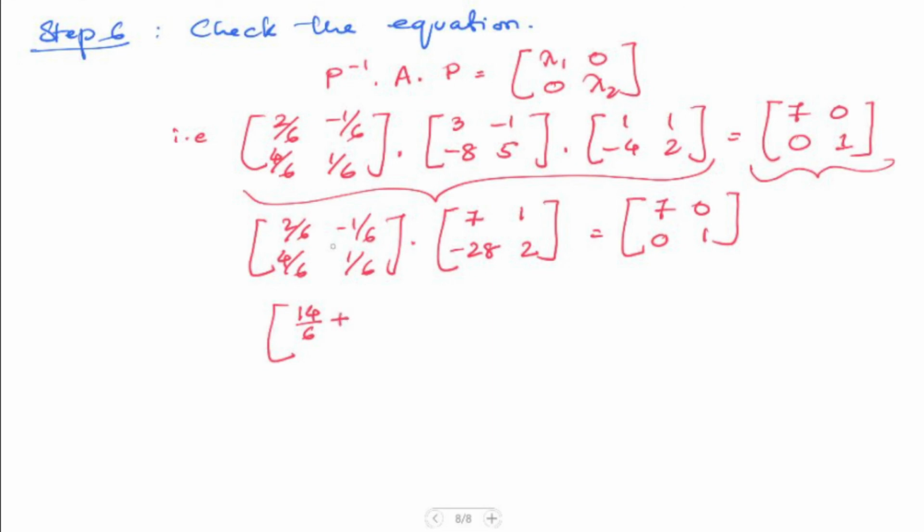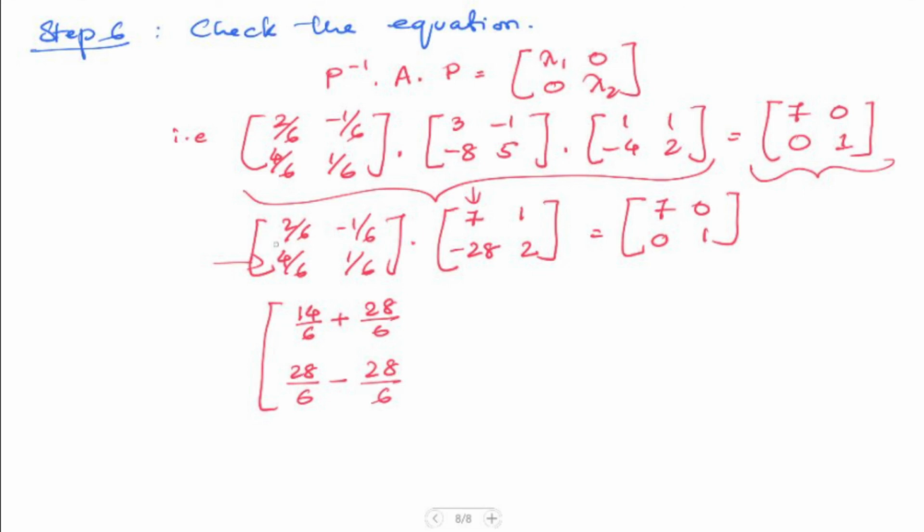So now if you multiply this here, you'll get 7 times 2 is 14 divided by 6, plus, here minus into minus is plus, and 1 times 28, so 28 divided by 6. And then for the second row times the first column, we have 4 times 7, that's 28 over 6, minus 28 times 1, is minus 28 over 6.